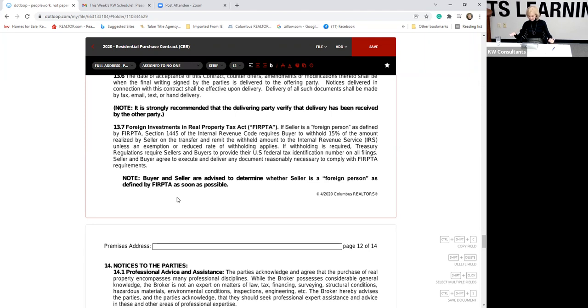And if in the course of this transaction nobody figures out that that seller is a foreign person, as described in the first section, then the buyer would be liable to pay 15% tax to the IRS.